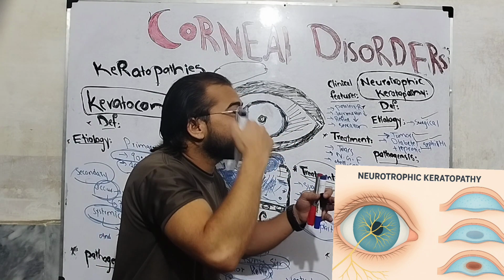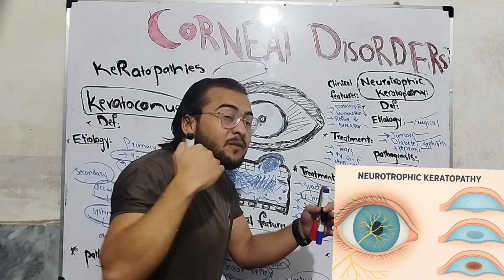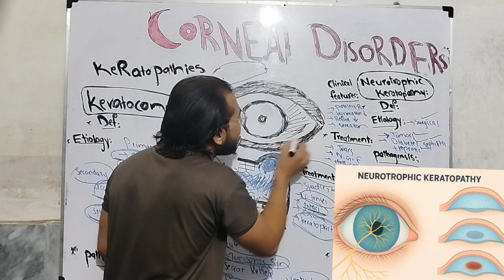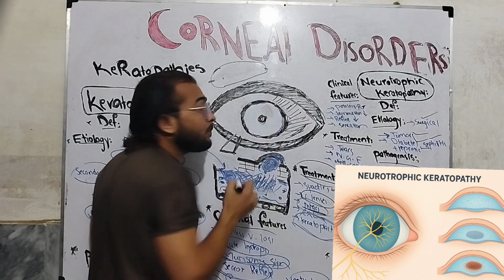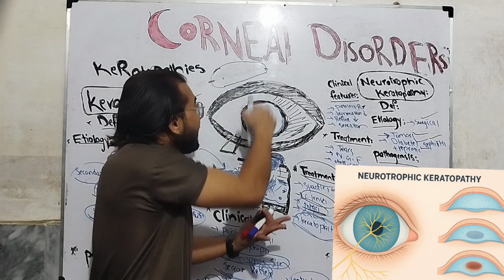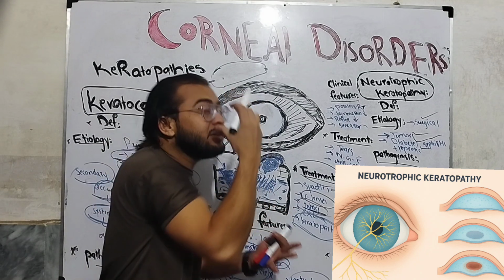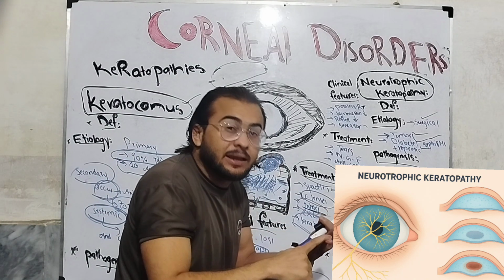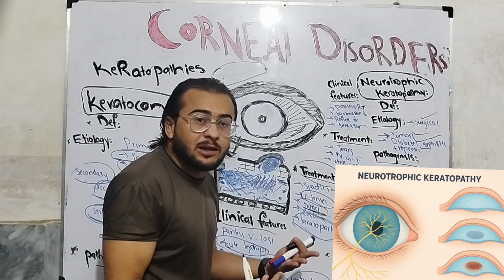When there is some irritation, there is reflex tearing, reflex lacrimation, which is caused by the trigeminal nerve. And there is blinking when there is some irritation. So the reflex lacrimation and the blinking are provided by the trigeminal nerve.